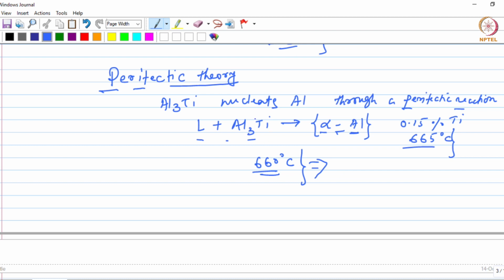So it is not really the Al3Ti which acts as the nucleating surface, but rather it acts indirectly by first nucleating this peritectic phase, alpha aluminium, through the peritectic reaction, which in turn acts as the heterogeneous nucleating surface instead of Al3Ti itself. Yeah, so that is why the theory goes by the name peritectic theory, because it says this peritectic alpha aluminium which forms actually acts as the heterogeneous surface.